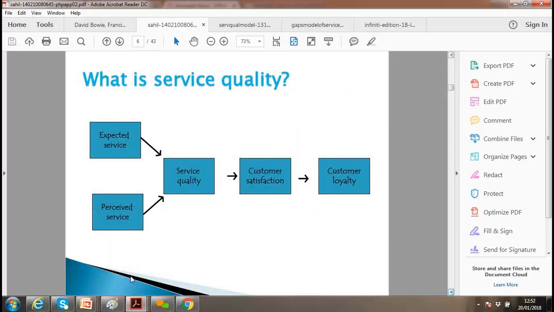So what is service quality? It is the expected service, our customers' expectations, versus the perceived service. If we have good service quality, that leads to customer satisfaction, and customer satisfaction leads to customer loyalty.